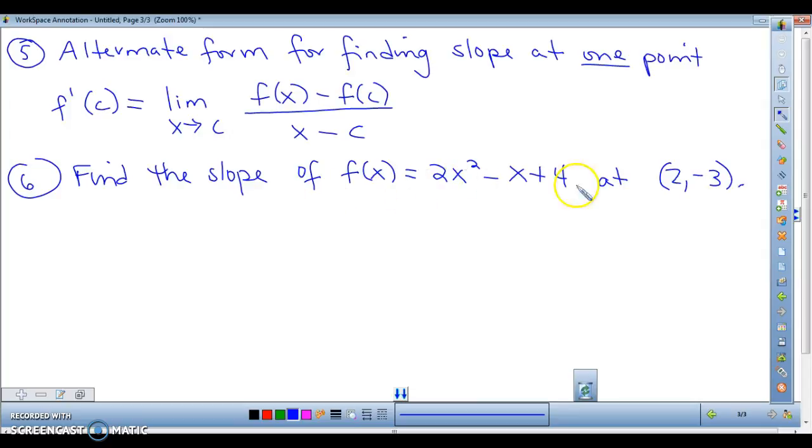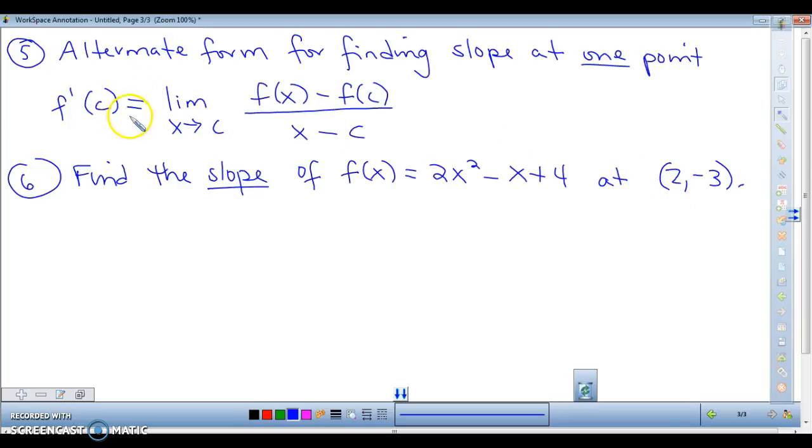Since we're looking at just that one point, and it's just asking for the slope, it's not asking for a derivative or anything, because your derivative would be f prime of x in terms of x, but it's just asking for your slope at this given point.